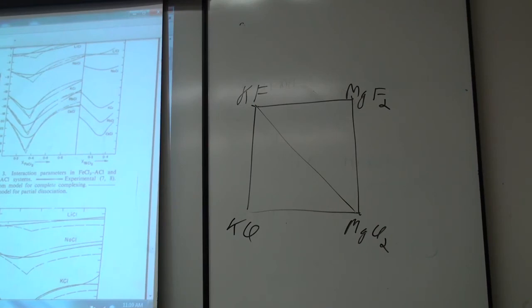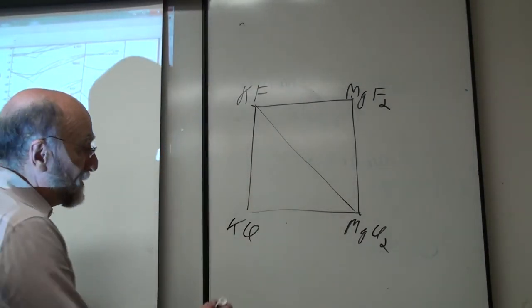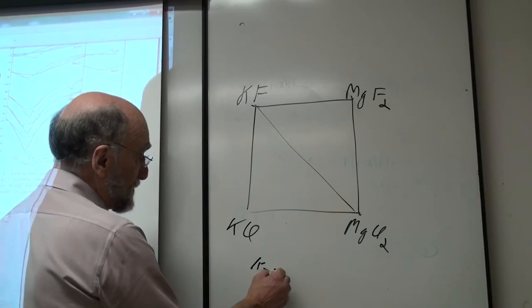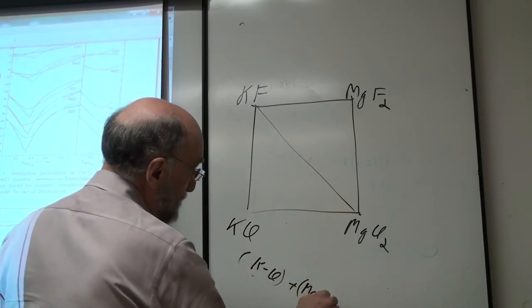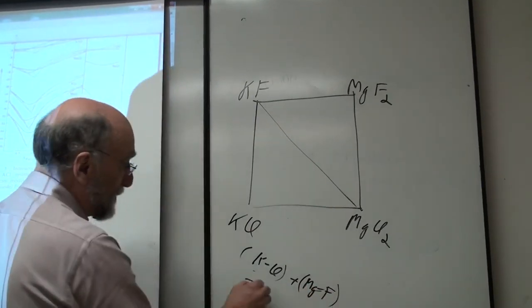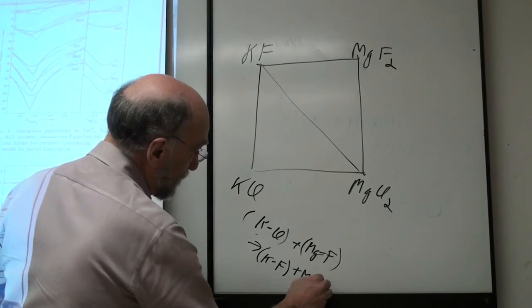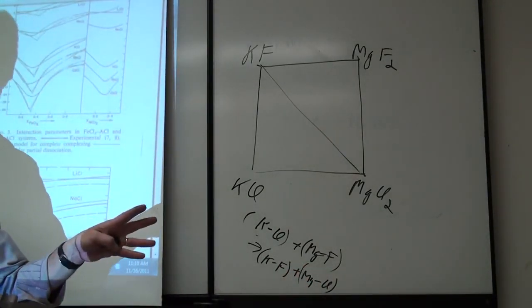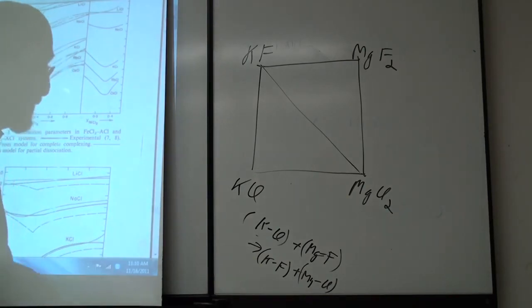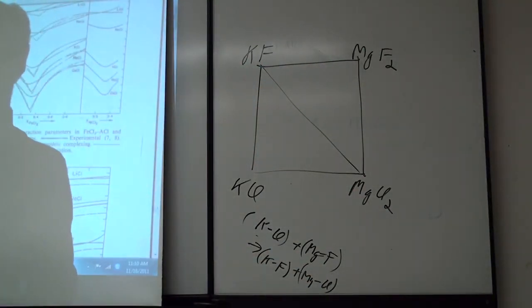In the quasi-chemical model for reciprocal systems, we have the ordering between first nearest neighbors: KCl first nearest neighbor pair plus magnesium fluoride first nearest neighbor pair gives you potassium fluoride plus magnesium chloride. That's your first nearest neighbor ordering, which in the simple quasi-chemical model for this system we can treat as first nearest neighbor short-range order.